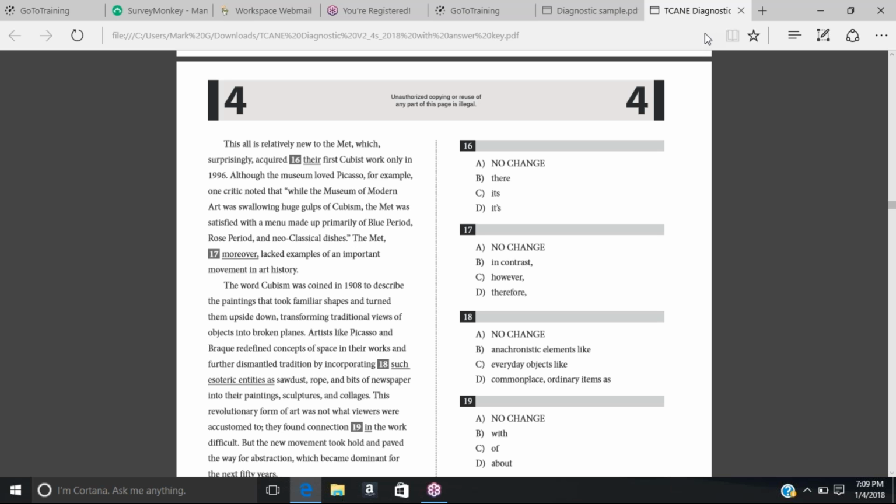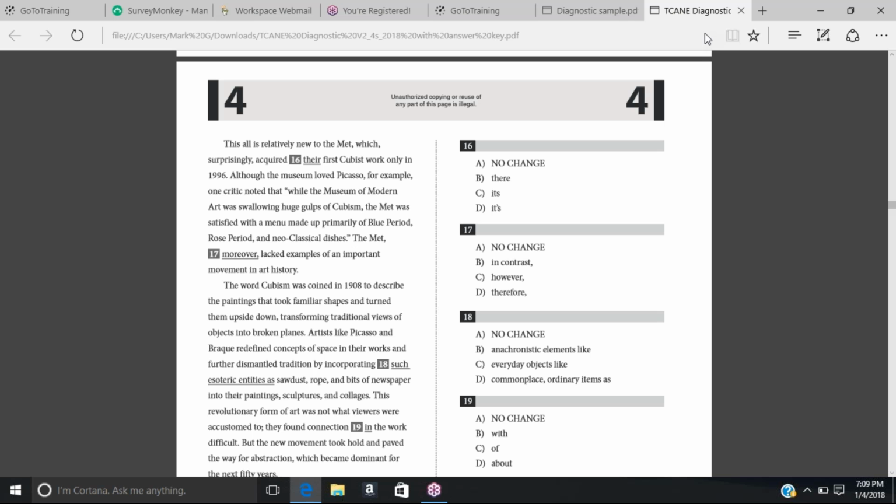There is referring to the Met, 1 line earlier. That is singular. That museum is a singular entity. There applies to plural, so it cannot be right. The right answer is its.